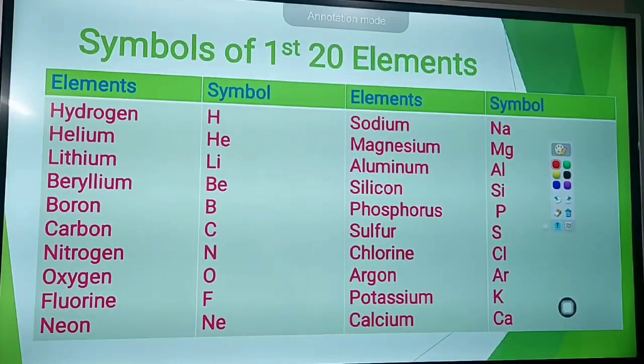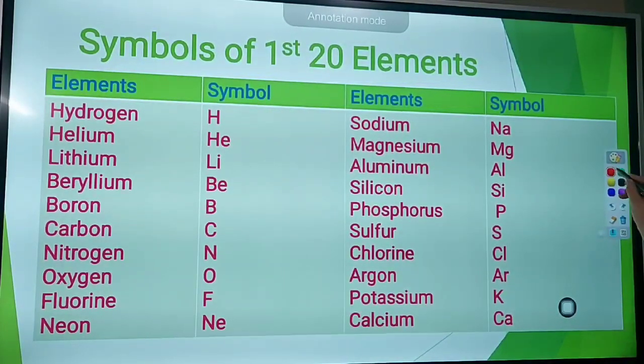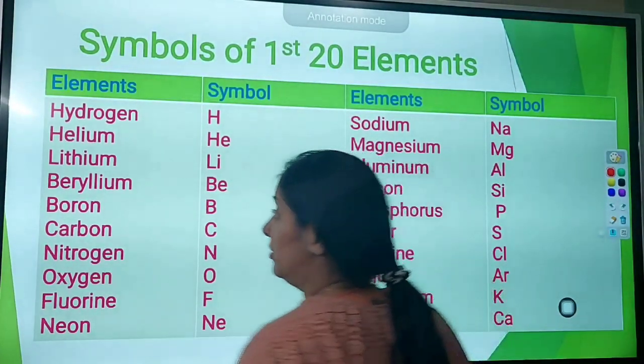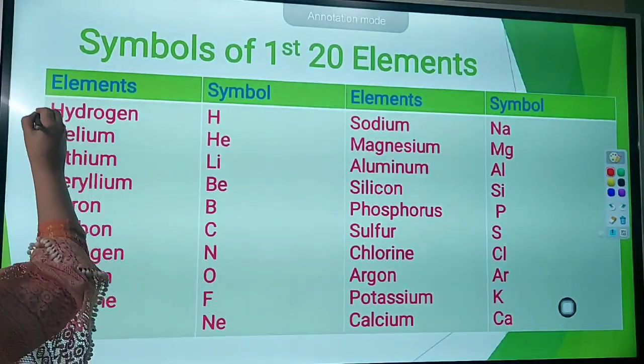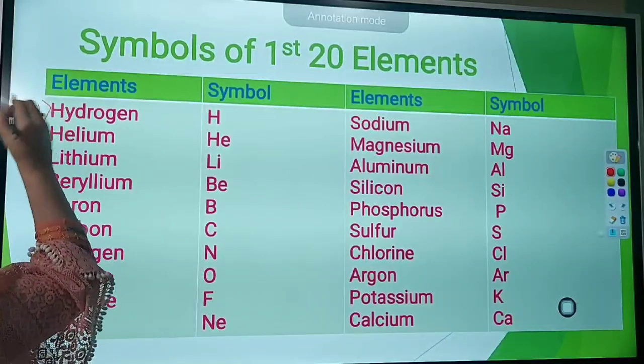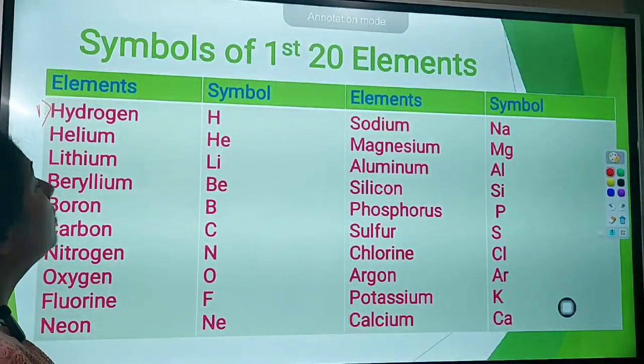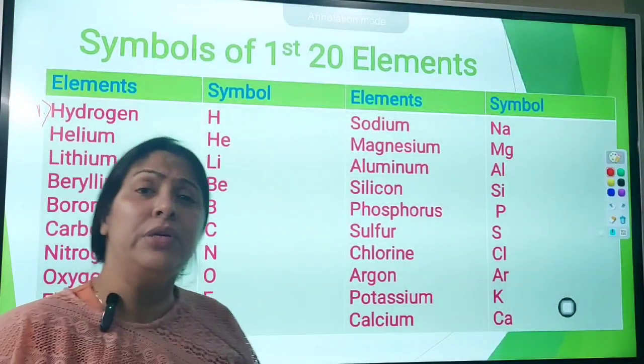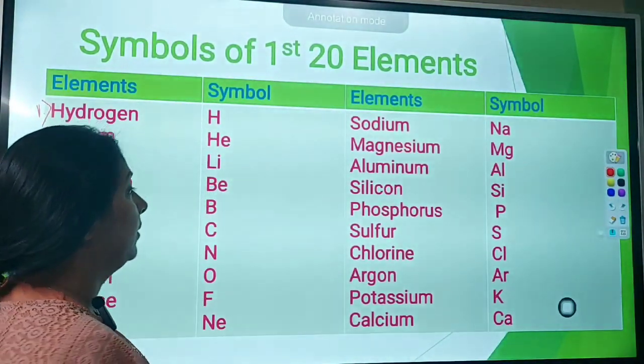Chalo, let's look at the first 20 elements of the periodic table. Or let's understand what this is. Okay, first in the list is hydrogen. Why is hydrogen first in the list, children?